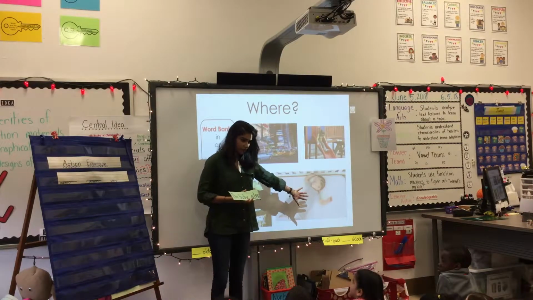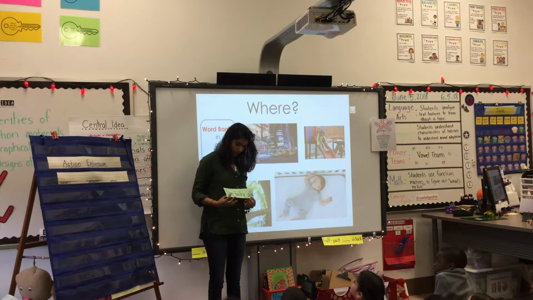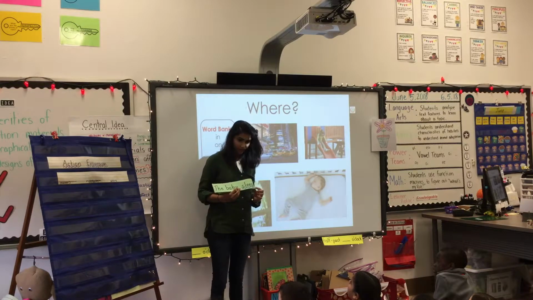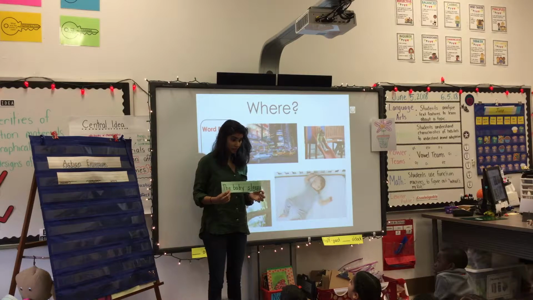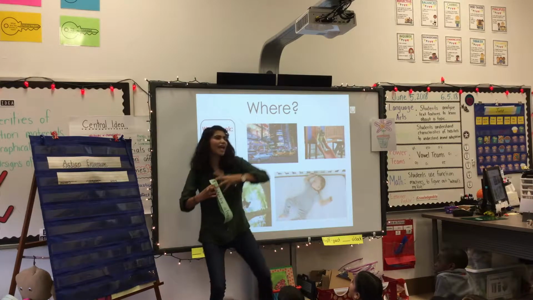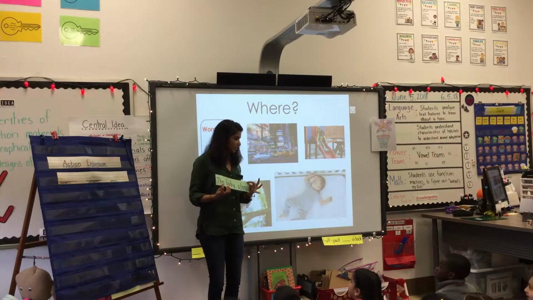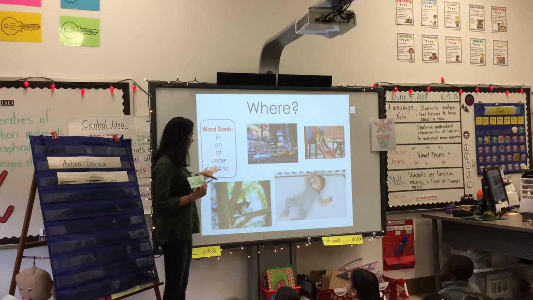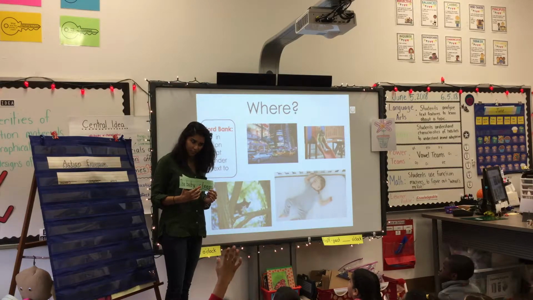In this picture, my namer is the baby, and my action is that it's sleeping. The baby sleeps. That's a simple sentence. We're going to take it a step further and expand our action with where the baby is sleeping using one of our positional words.